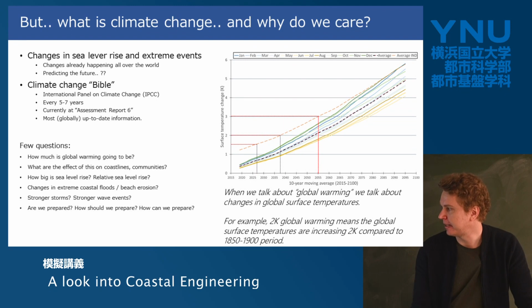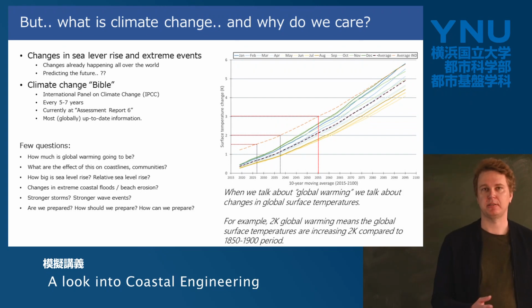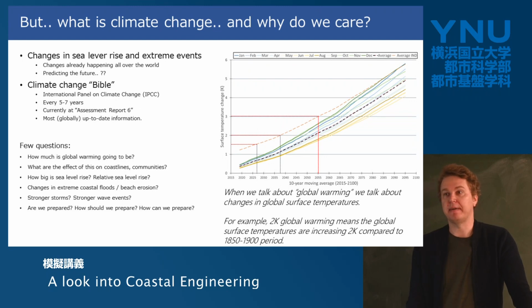And in the graph in here, you can see there's a chart in here. And it shows the projections for atmospheric or surface temperatures globally. And these days we talk a lot about, okay, if the global climate change is 1.5 degrees, 2 degrees, 3 degrees, and then what are those effects on us as humans or our natural environments?